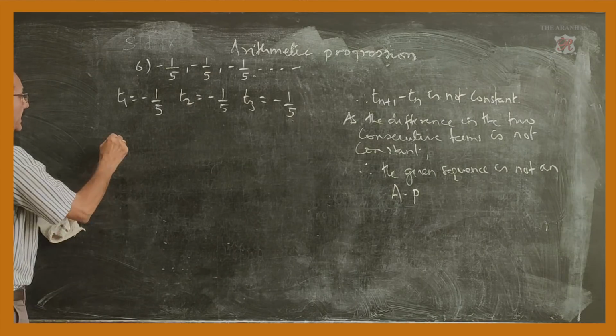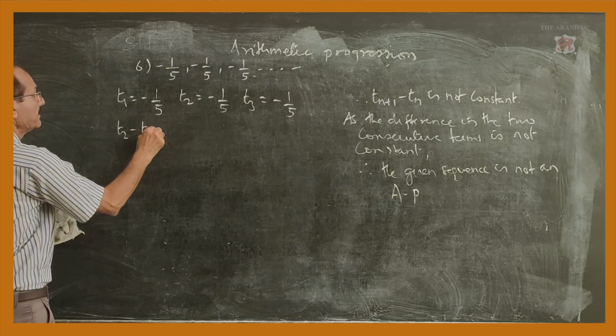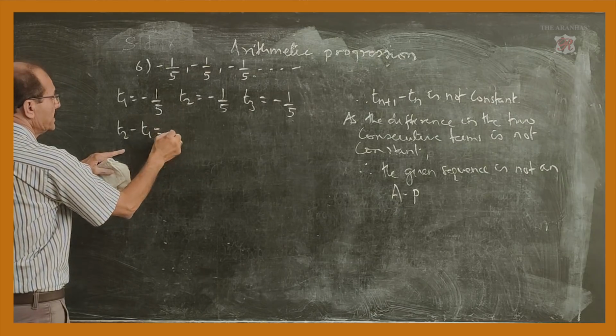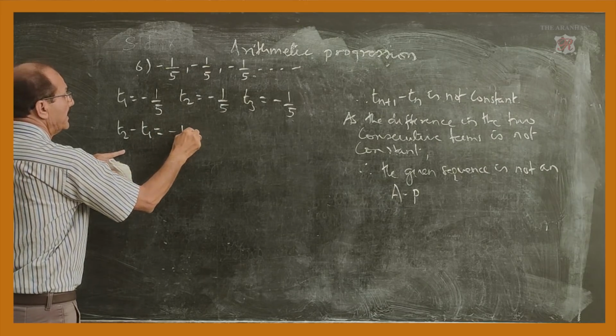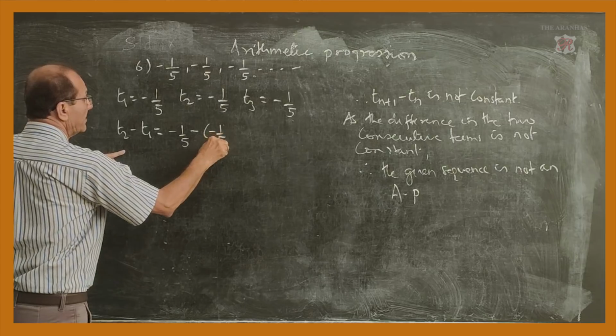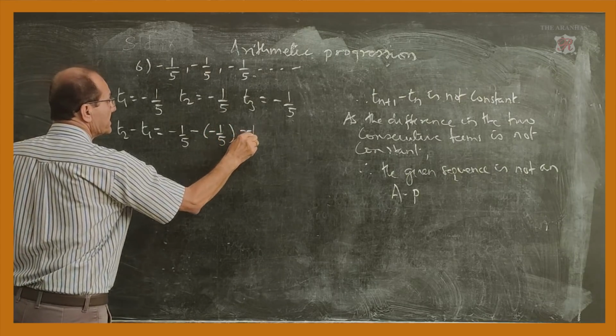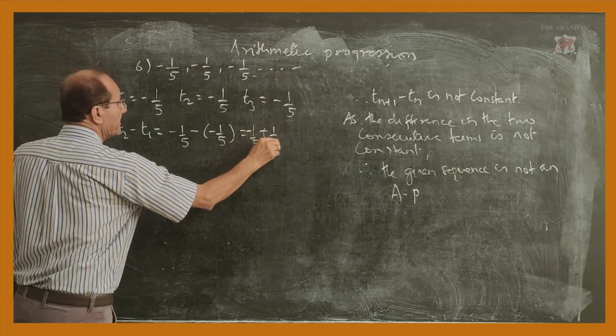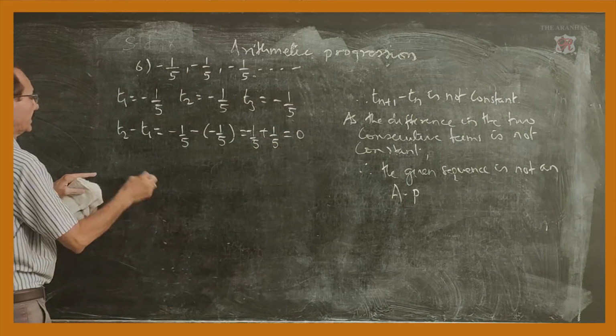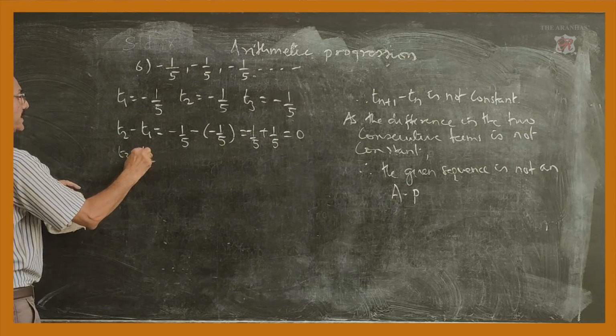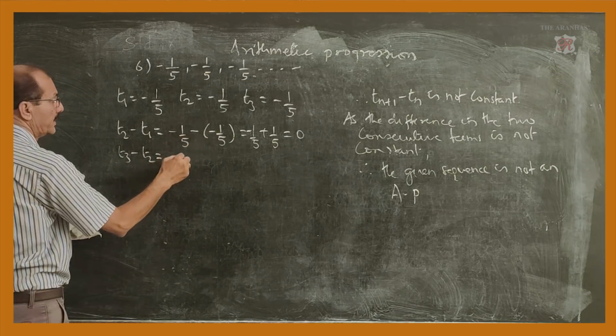So you find that T2 minus T1 is minus 1 by 5 minus of minus 1 by 5, which is minus 1 by 5 plus 1 by 5, which is 0. T3 minus T2. What do you get here?